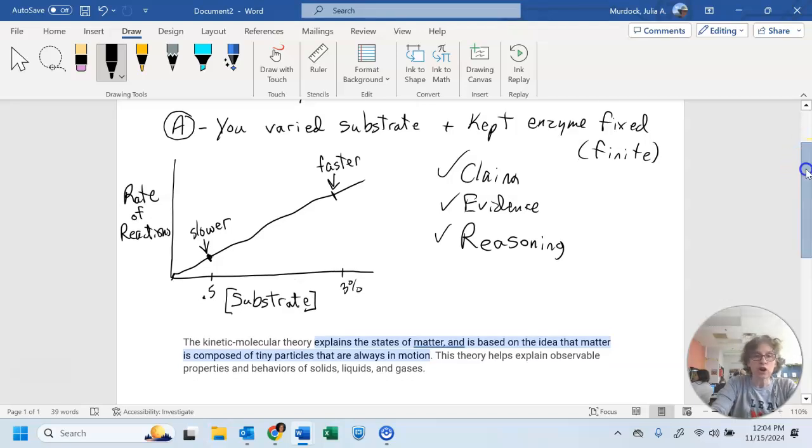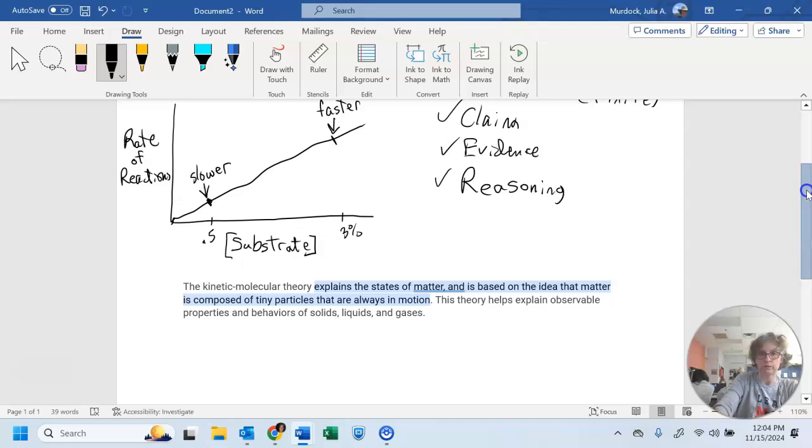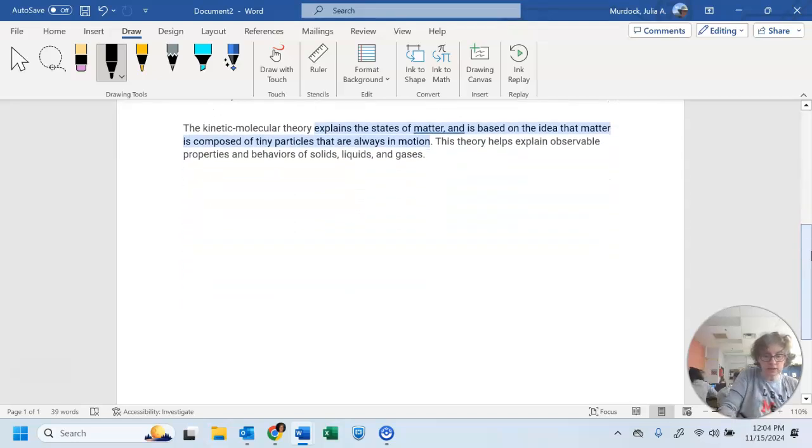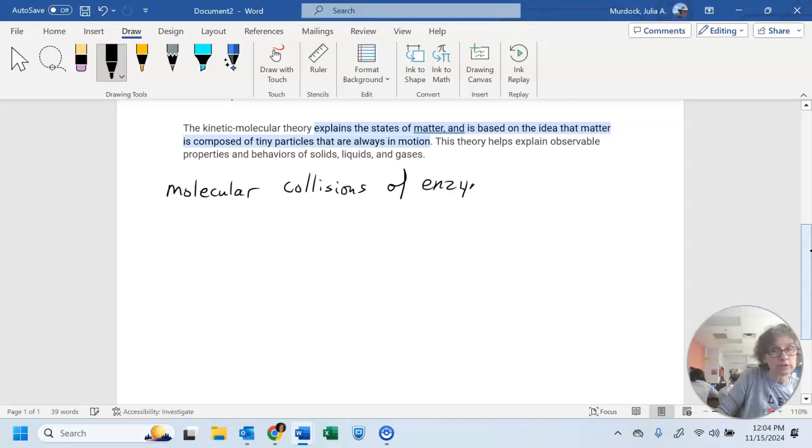So the term I really want you to think about is that we have molecular collisions going on of enzyme molecules, that's one type of enzymes, and substrates. Okay?